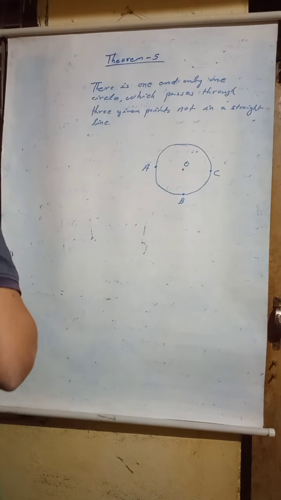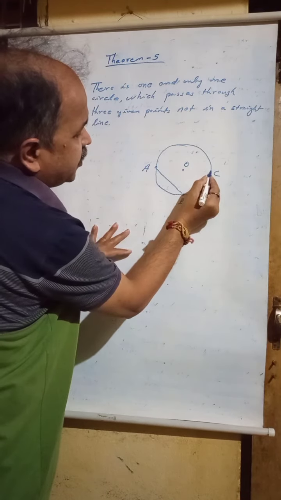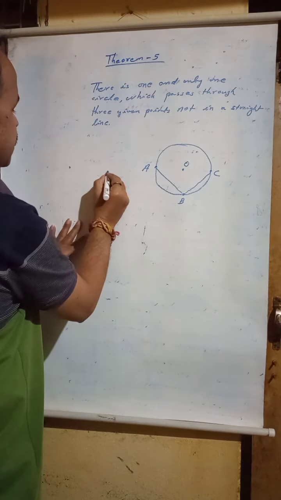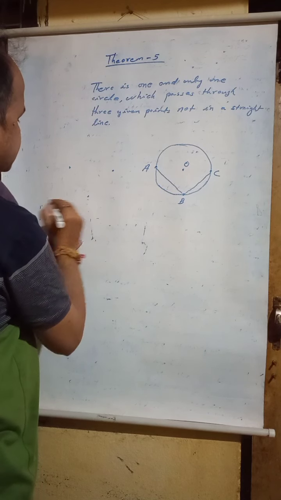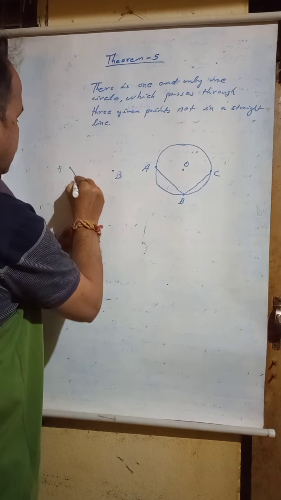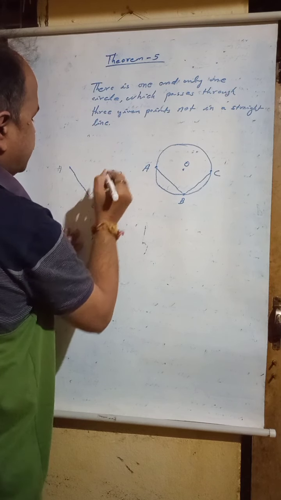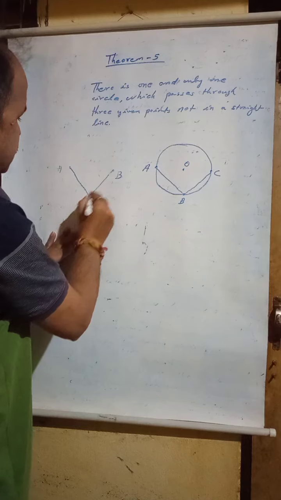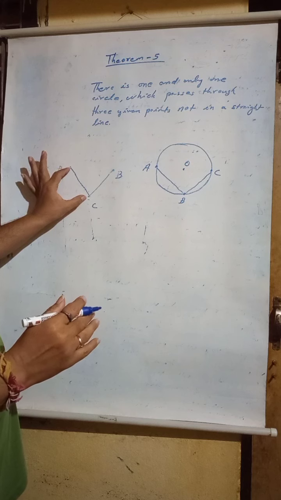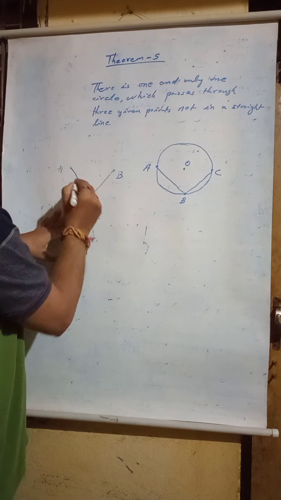Okay. Now join these two lines AB and BC. As I am showing you here, A, B and C are three points. So now join this. How do we get the perpendicular bisector?